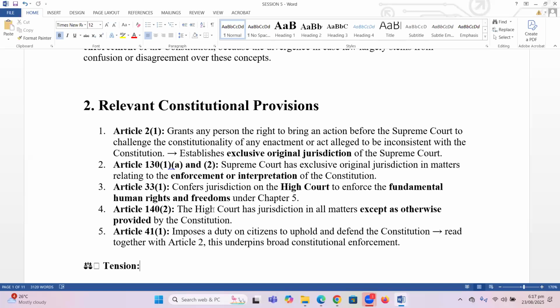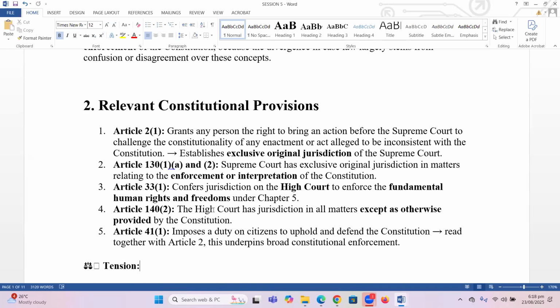Now, when we talk about original jurisdiction, we are talking about the power of the court or adjudicating body to hear a matter for the first time, right? When there is a cause of action, that is, when there is a factual situation for which the law will provide a remedy.